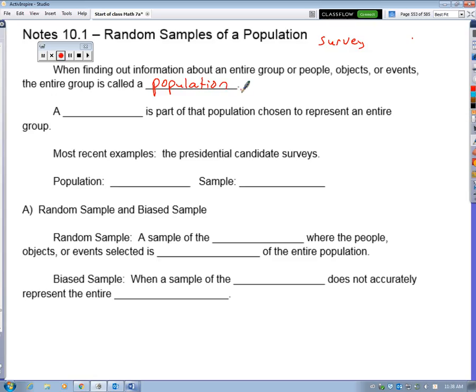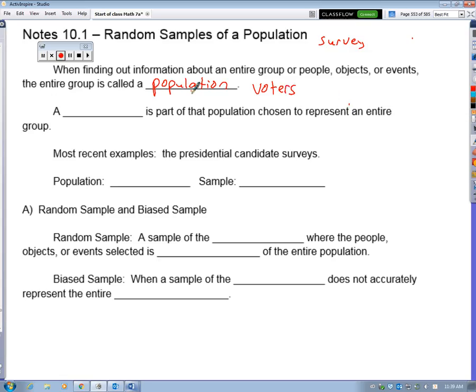For example, we recently just had a presidential election, and before the election, survey companies were calling people to find out which presidential candidate they were going to vote for. So the population in this case would be the voters, the people that were going to vote.